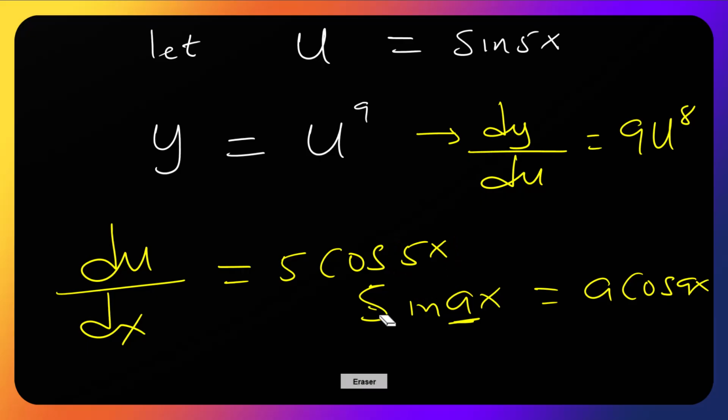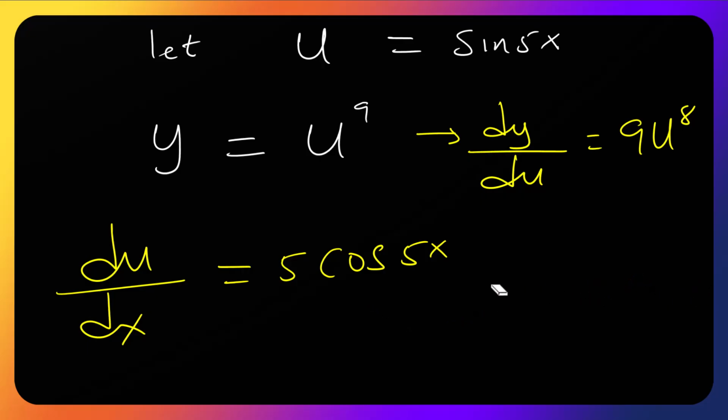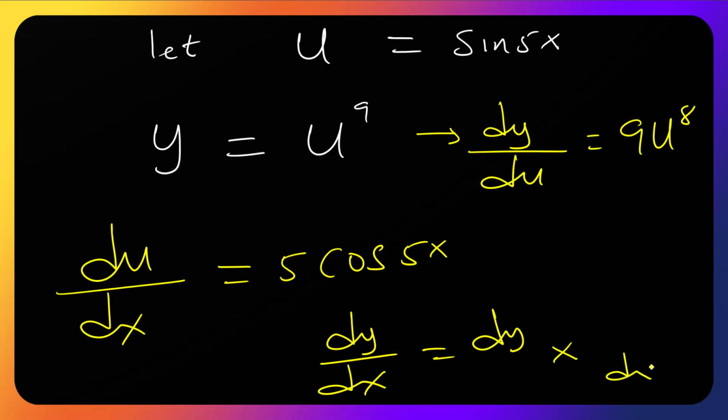That's that. Now, knowing dy/du and du/dx, we can write the chain rule formula. That's dy/dx equals dy/du times du/dx. Simple as that.